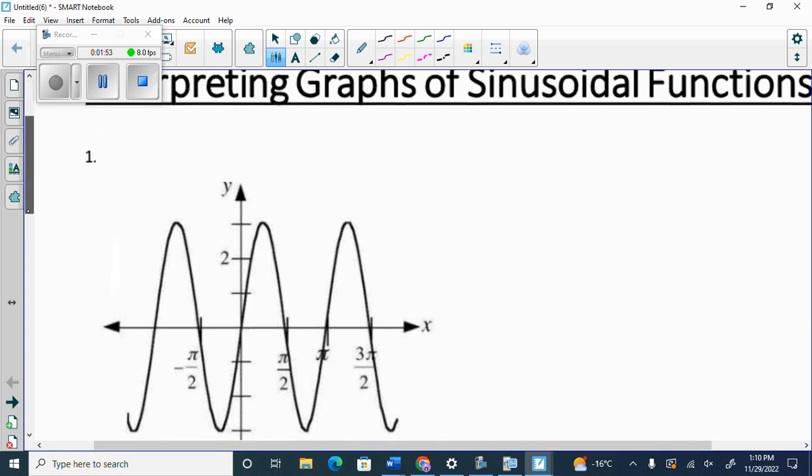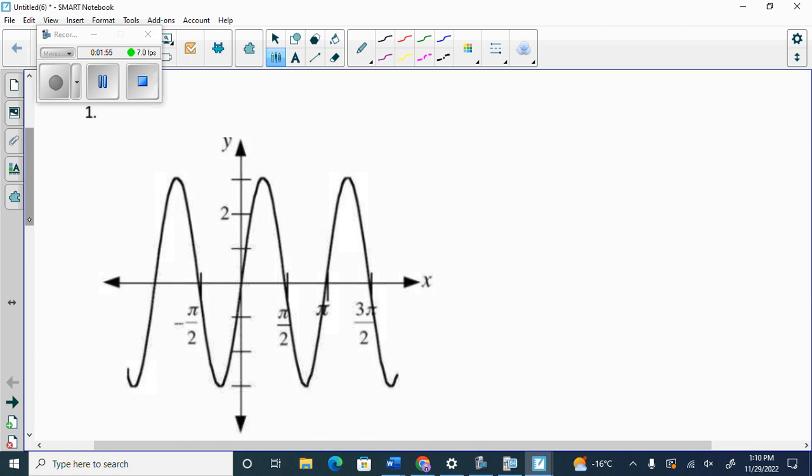We have to find the amplitude, the midline, and the period, and the equation of all of these. So don't go writing massively, because we're going to come back. We're doing the amplitude of all of them first, then we're going to come back and do the midline of all of them, then the period of all of them, and then we're going to give an equation.